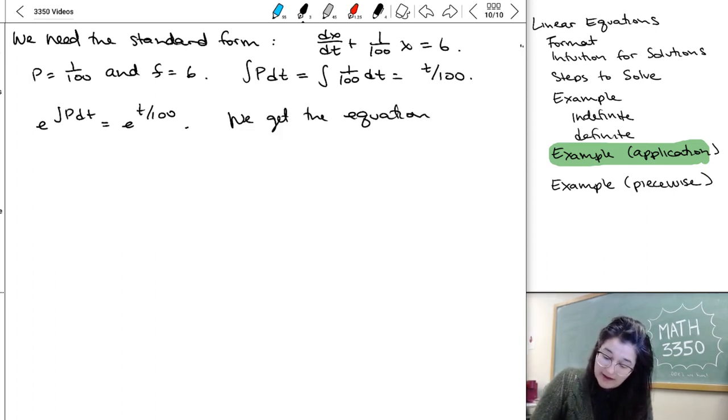And when we multiply that on both sides, we get the equations.